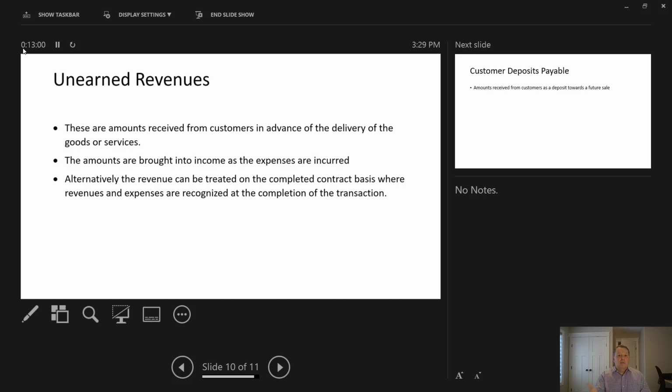So you need to put down, say, 30% of the cost of the particular unit. So what will happen is we'll get that $3 million from the customer, in other words, 30% of $10 million, and we'll put that into our bank account, and we'll record it as unearned revenue or as a liability.